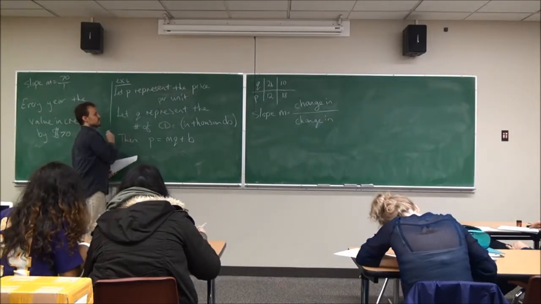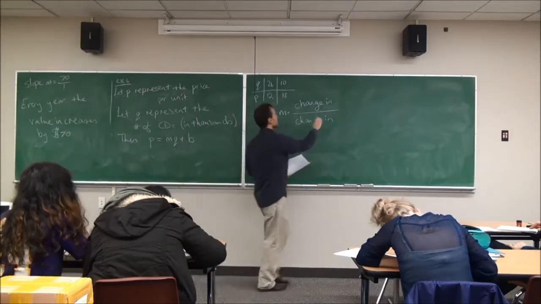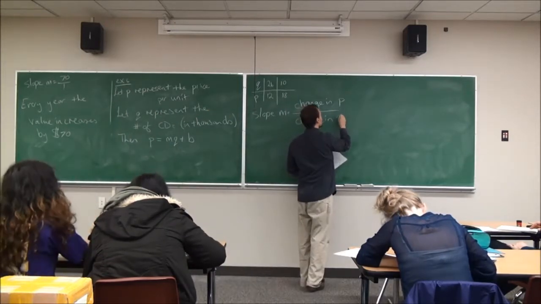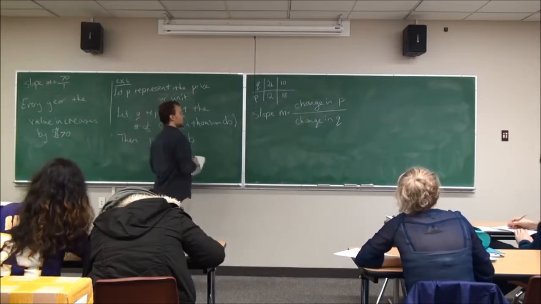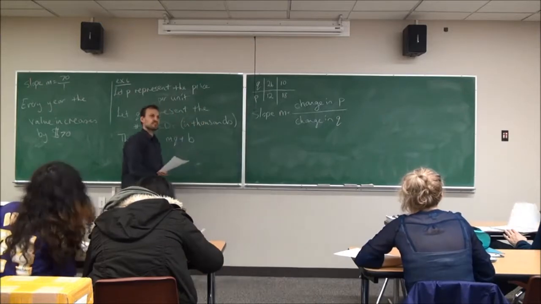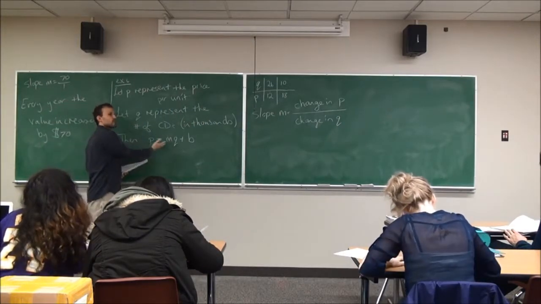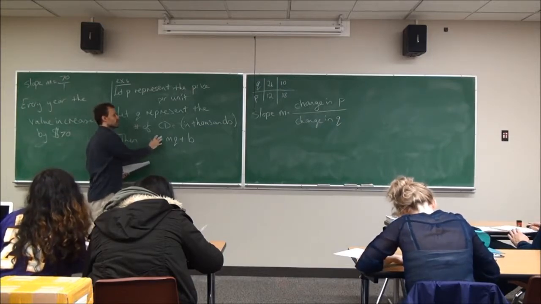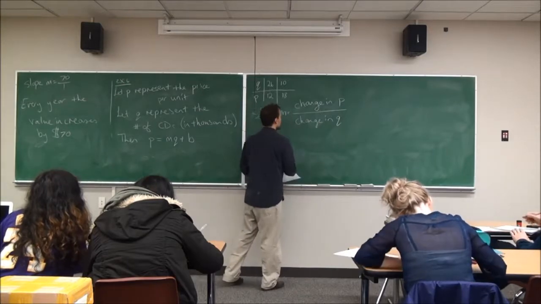Oh, change in P over change in Q. If I've defined a P and a Q, and in a test you write an X and a Y, I'm going to be forced to take something away, and I don't want to do that. So I think of them as X and Y, but their names are P and Q. So watch out for that.